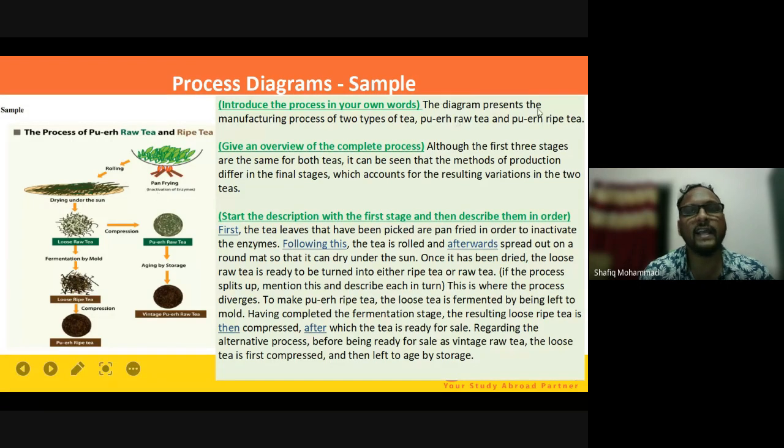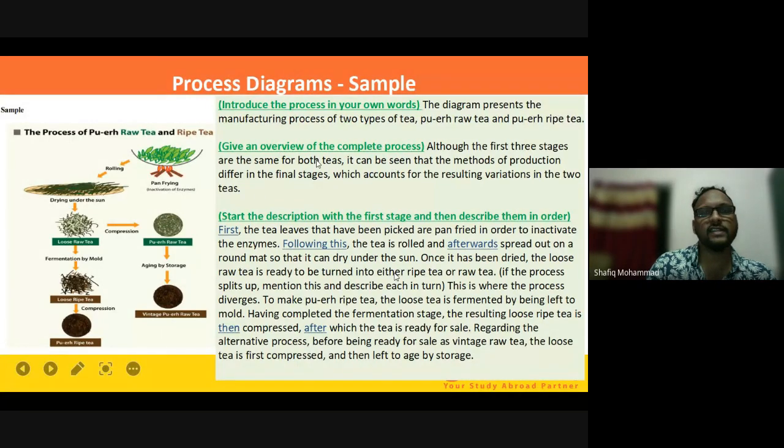The diagram presents the manufacturing process of two types of tea, that is raw tea and ripe tea. So raw tea and ripe tea, how they are made. Okay, so two types of tea. That is what the entire illustration is all about, right? Yes. Then, how will you write an overview to it?